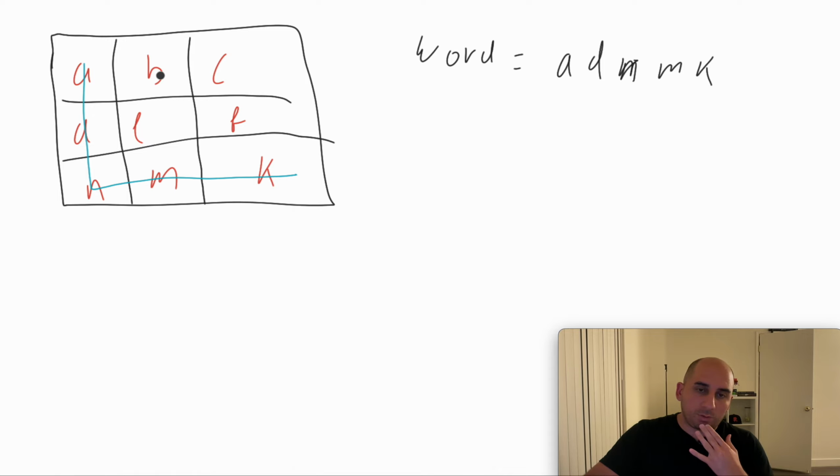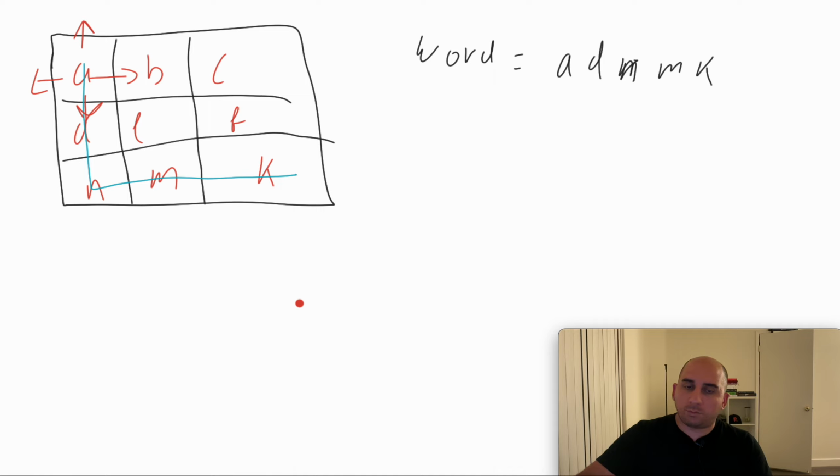We are going to traverse our grid and find the first letter of our word, for example A. If the A is there, then we explore in 4 directions, here, here, here, and here, and see whether it leads us to the word.